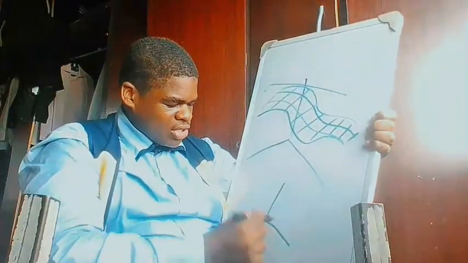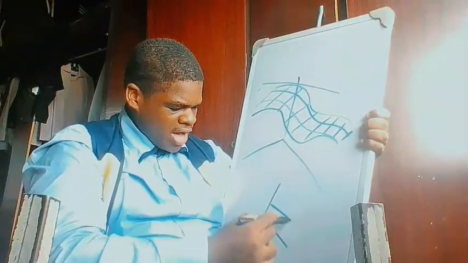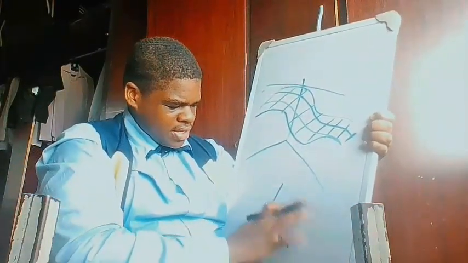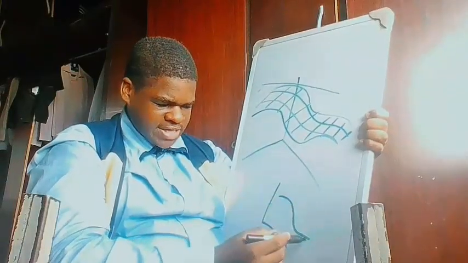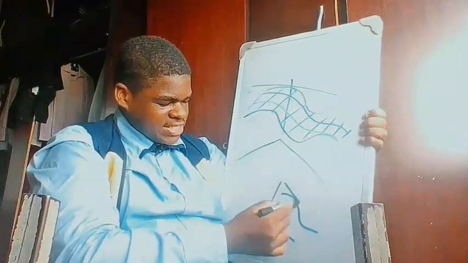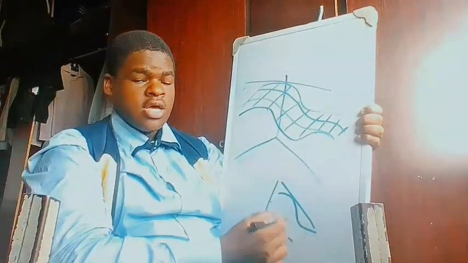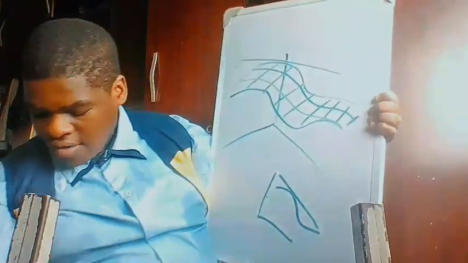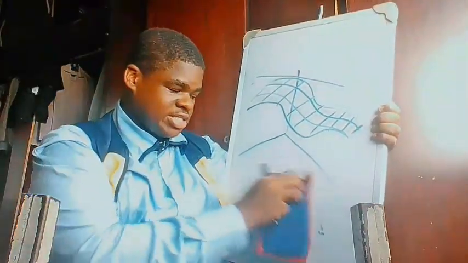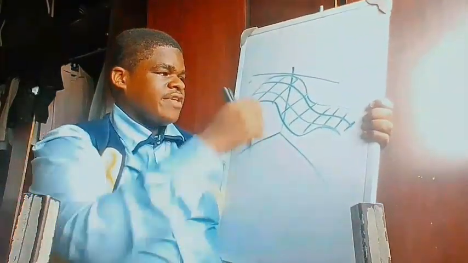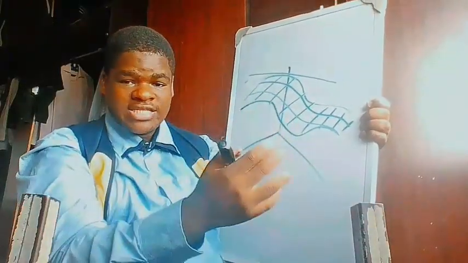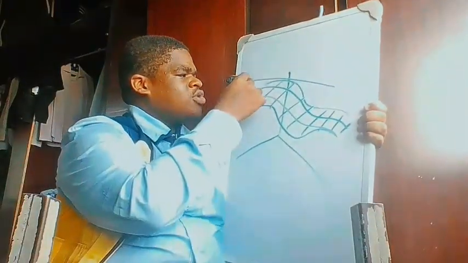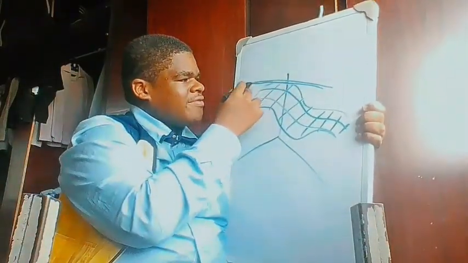Now for two-dimensional, when you have a curve like this, the tangent is also a straight line, right? The same thing happens in 3D when you have a two-dimensional shape. The tangent is also just one-dimensional. So that is what that gradient is.